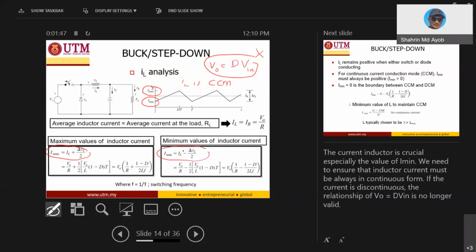So what is IL average here? This one is actually equal to I out. So IL average is equal to I out, which is V out over resistor. In order to maintain CCM, you need to ensure that I min is always larger than 0.